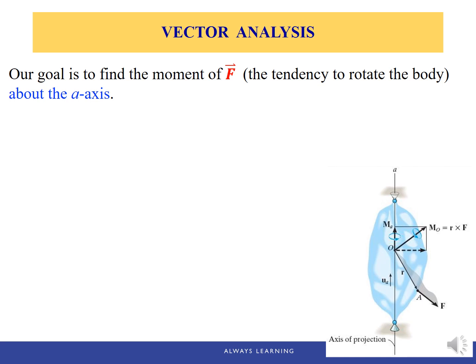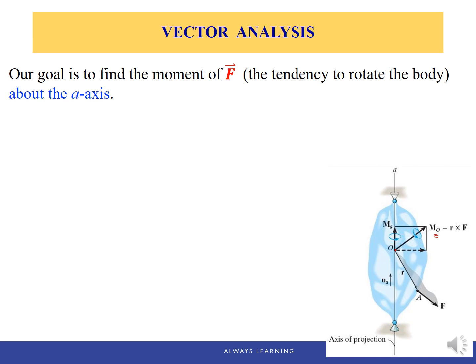Basically, there will be two major steps. The first one is to find the moment about a point. Then we find the component of this moment, or the projection of this moment, along the aa direction. That will be the moment about the axis.